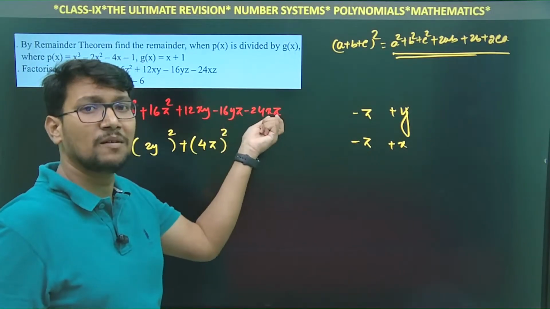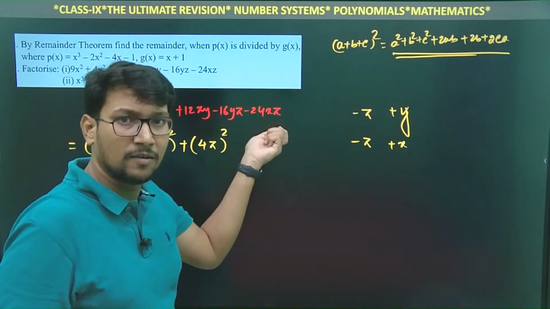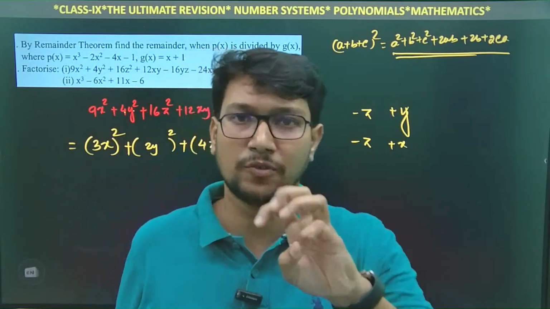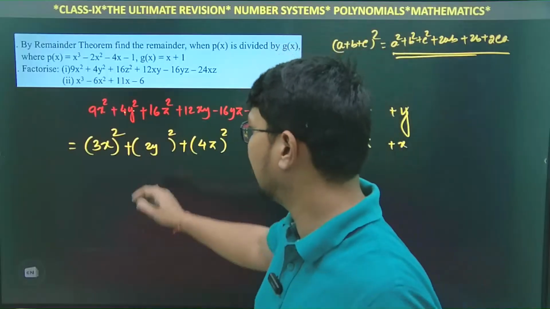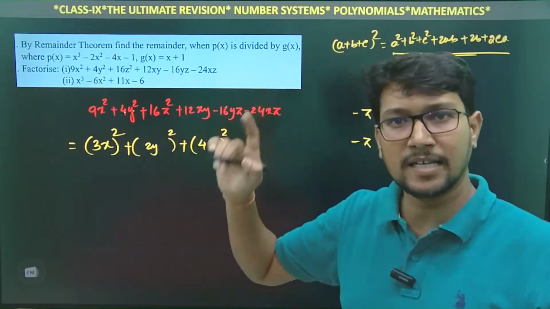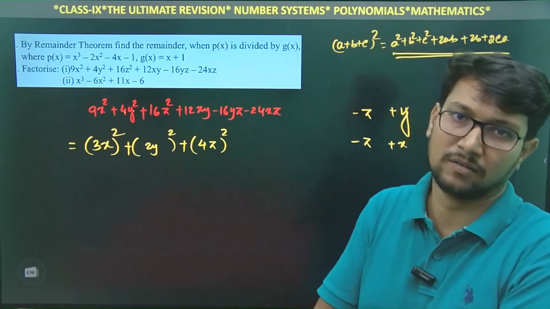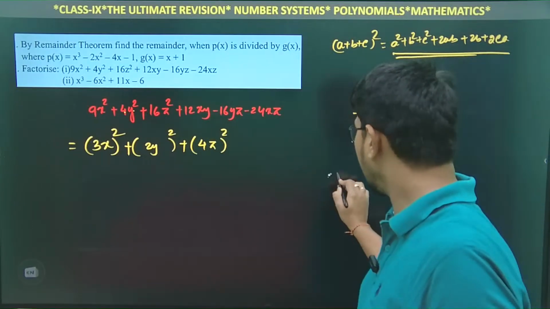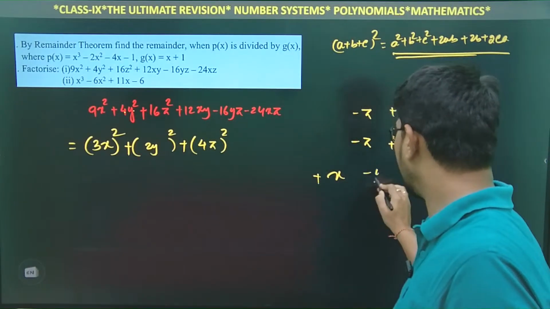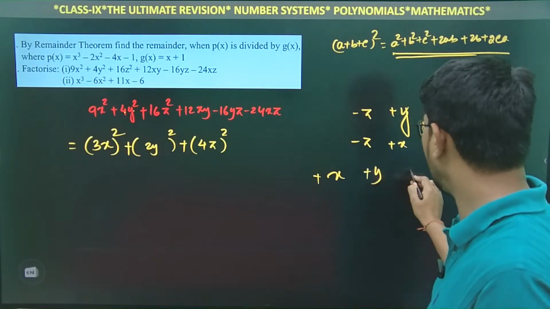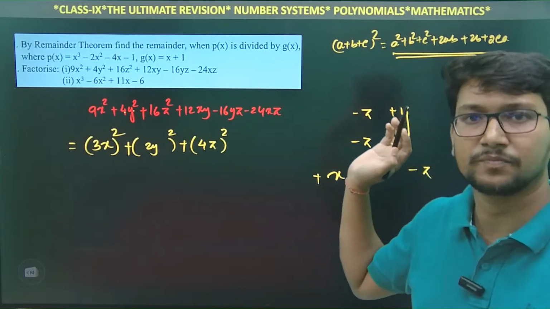Then this term will become negative. So therefore we have found the 3 variables x, y, z: x positive and y positive, z negative we will take.